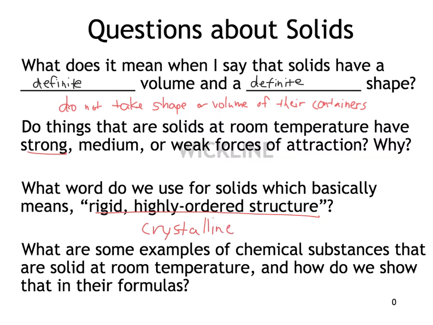And some examples of chemical substances that are solid at room temperature could be a substance like table salt, which you would indicate with an S inside parentheses, or even simply the metal iron, which you would have indicated as a solid with an S as well.